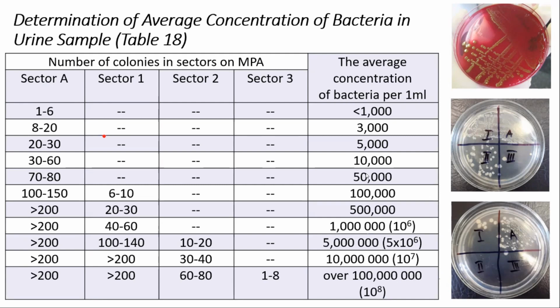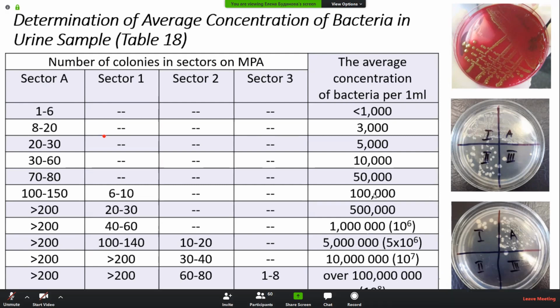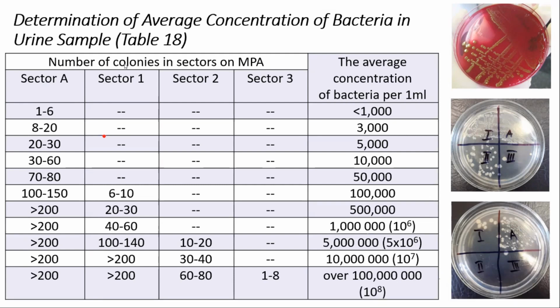Who knows? 10 times more bacteria are allowed in female urine. Because of anatomical differences of the urethra, right? Women have a shorter urethra, so the bladder is easily contaminated. So for male urine, 10 to the power 4. For women, 10 to the power 5.